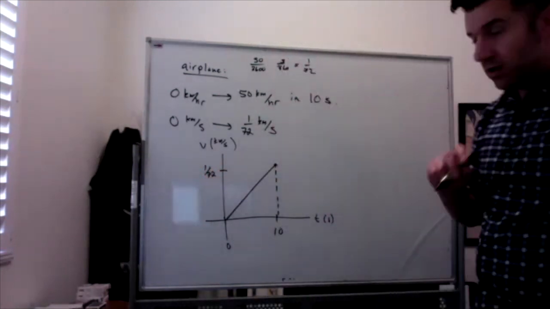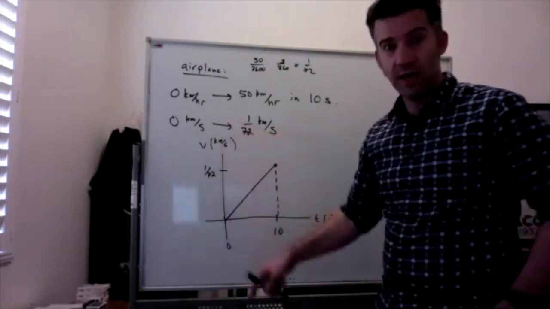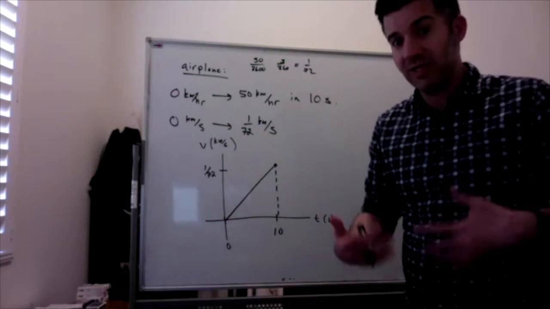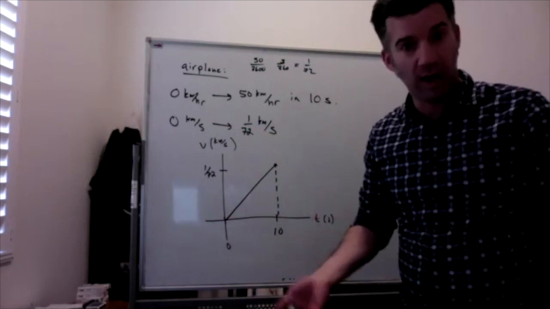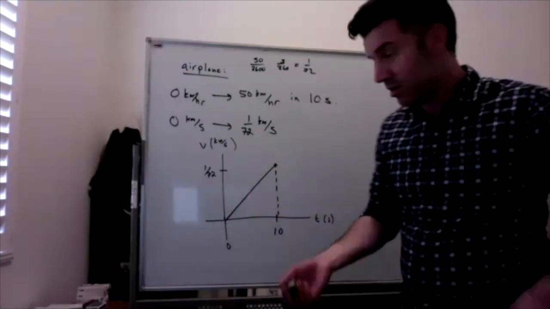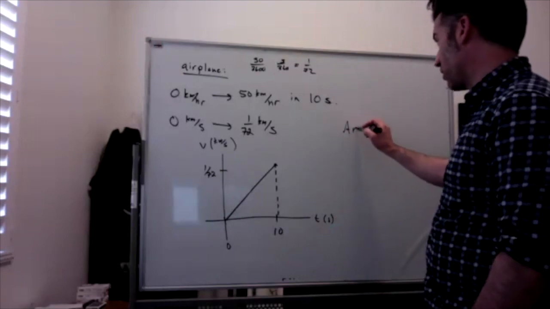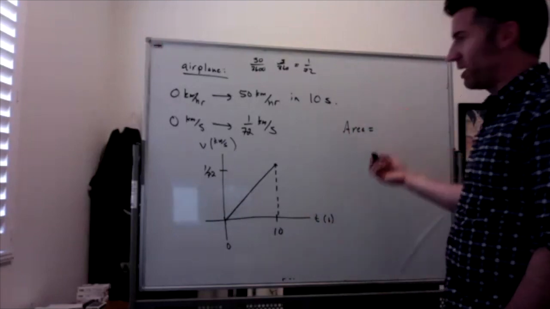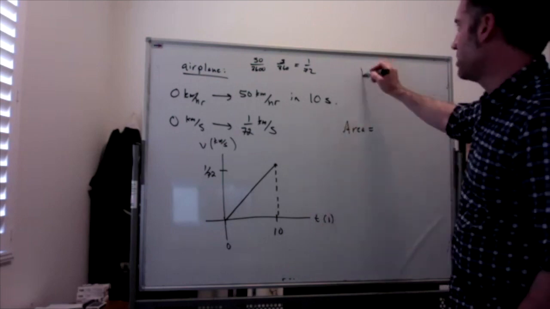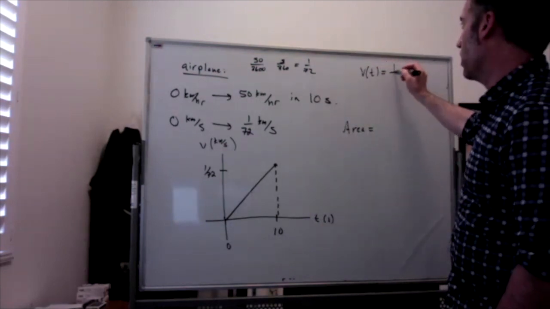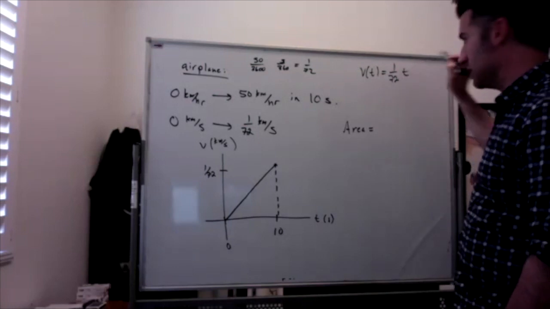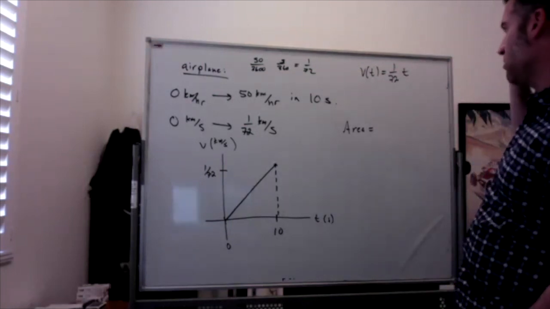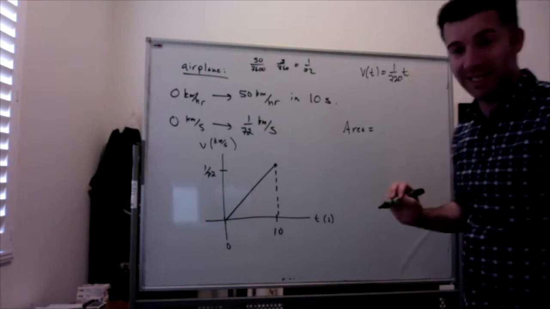Again, this is the velocity, and we know that the area under the curve represents the distance traveled, or the displacement. The velocity function here is 1 over 720 t.